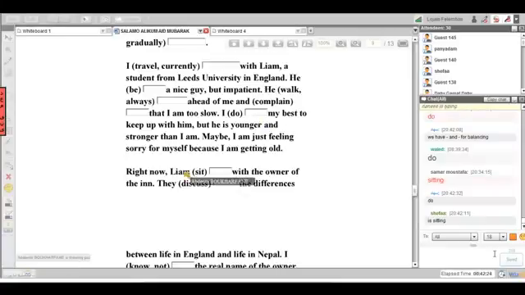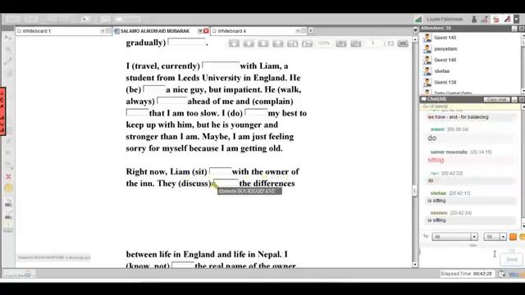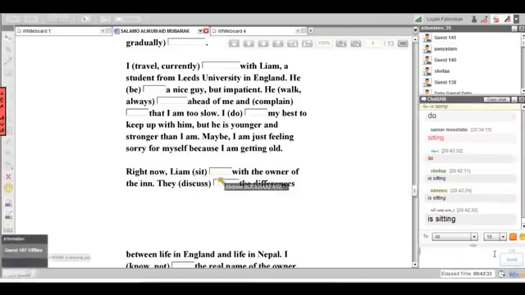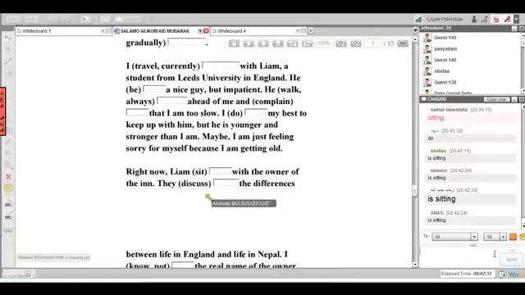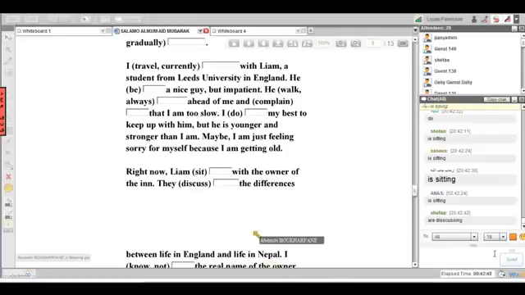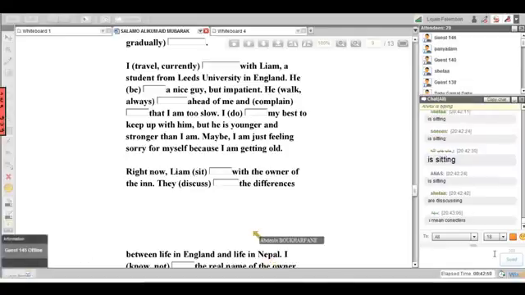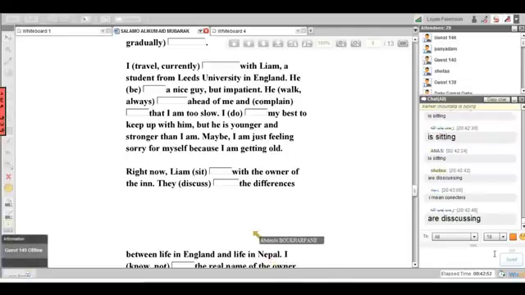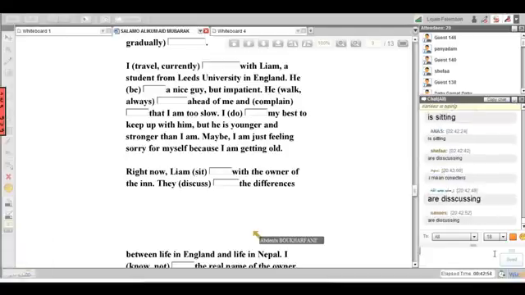He always walk. And when we have an adverb in front of a verb, the verb does not take the S of the third singular person. So the right answer is he always walk ahead of me and complains that I'm too slow.